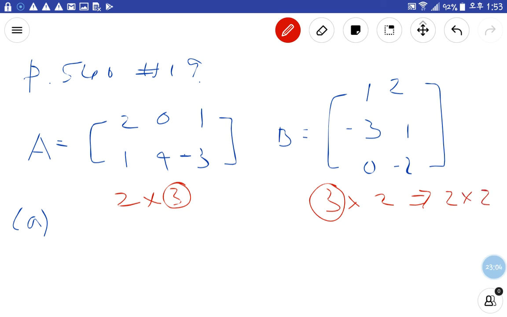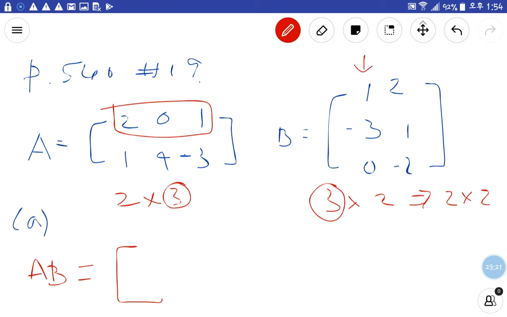Alright, so I can get my AB. How do I do it? First row, 2, 0, 1, times the first column, 1, -3, 0. So 2 times 1, 2.